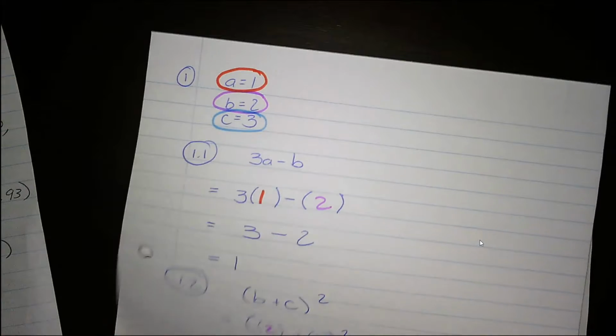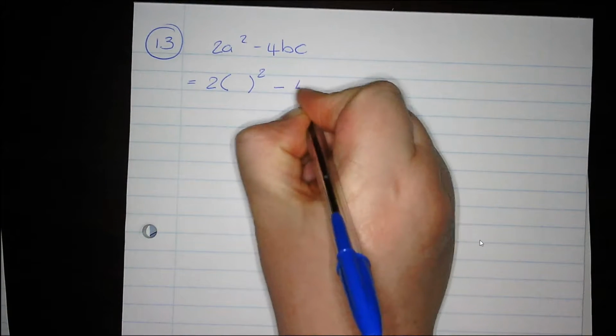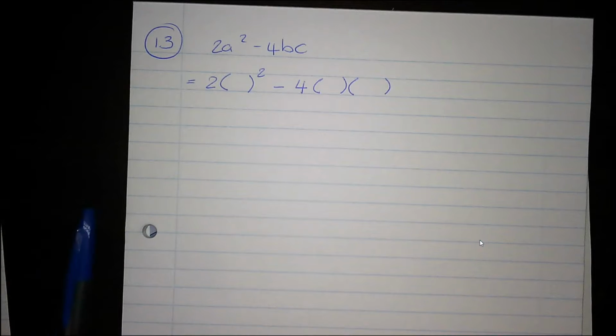Let's have a look at the next one. We have 1.3, which is 2a squared minus 4bc. So in the place of a, I'm going to put brackets, and the a was squared, so you need to put the square outside the brackets. Minus 4, and in the place of b and in the place of c.